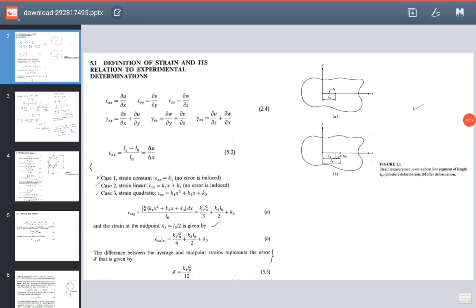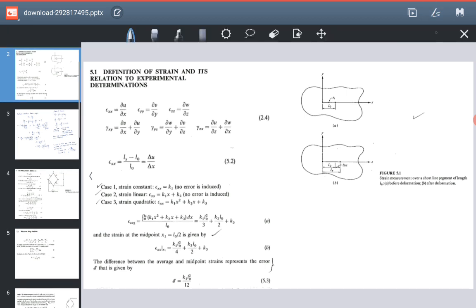All right, so now we have considered an area. This is an arbitrary area, this is the y-axis and this is the x-axis, and we have considered point O, and there is a certain line whose length is L naught. We have considered this small section, and there is a point on the line, x1, such that x1 is equal to L naught upon 2.